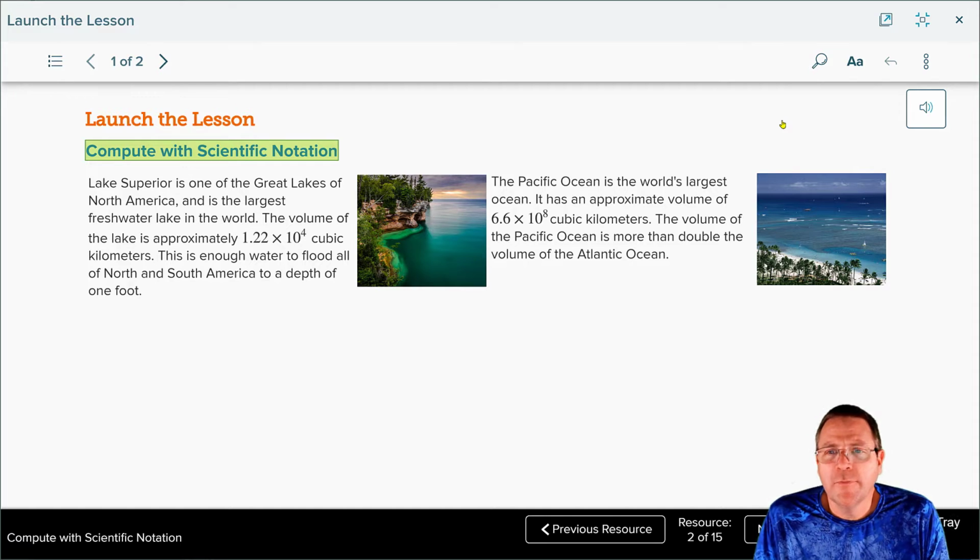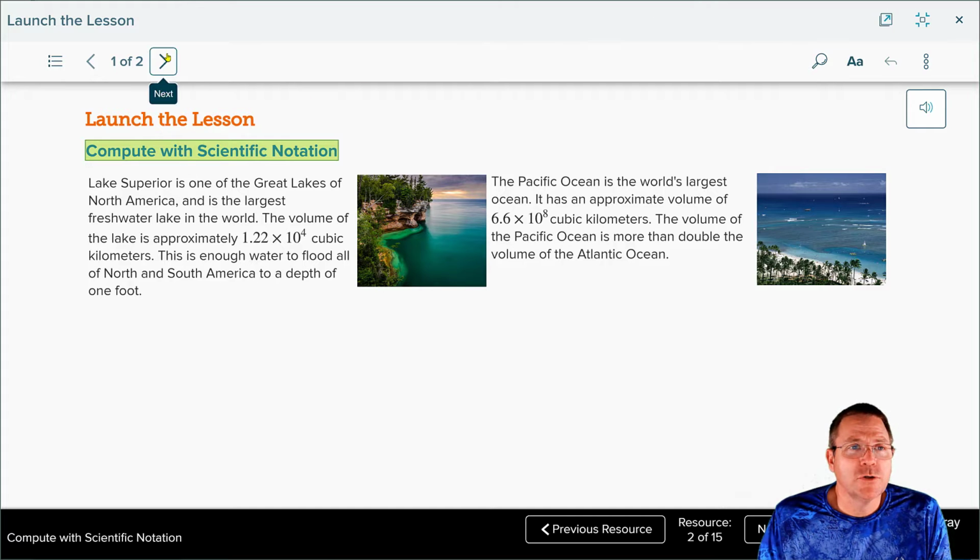Meanwhile, the Pacific Ocean is the world's largest ocean. It has an approximate volume of 6.6 times 10 to the 8th cubic kilometers. The volume of the Pacific Ocean is more than double the volume of the Atlantic Ocean.